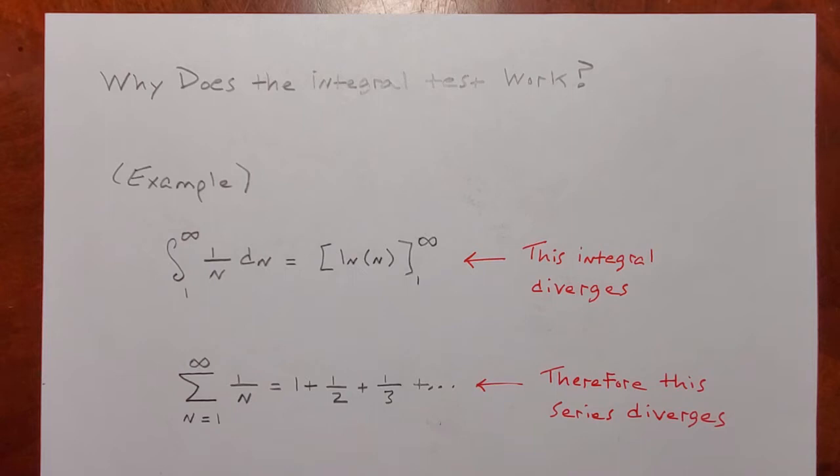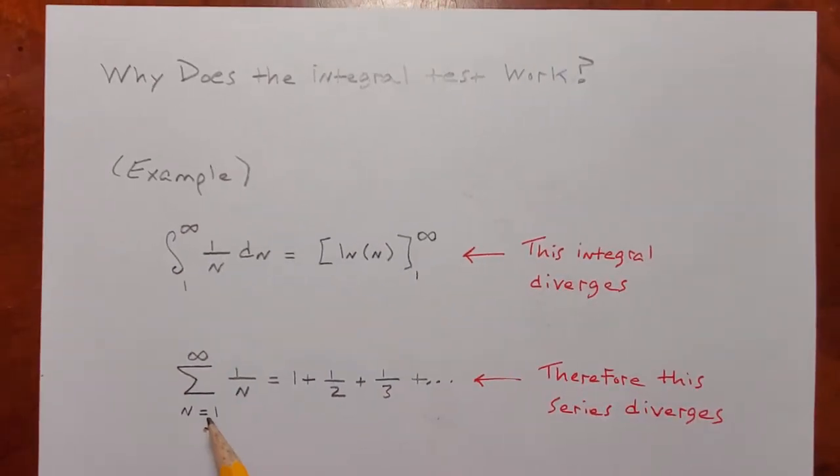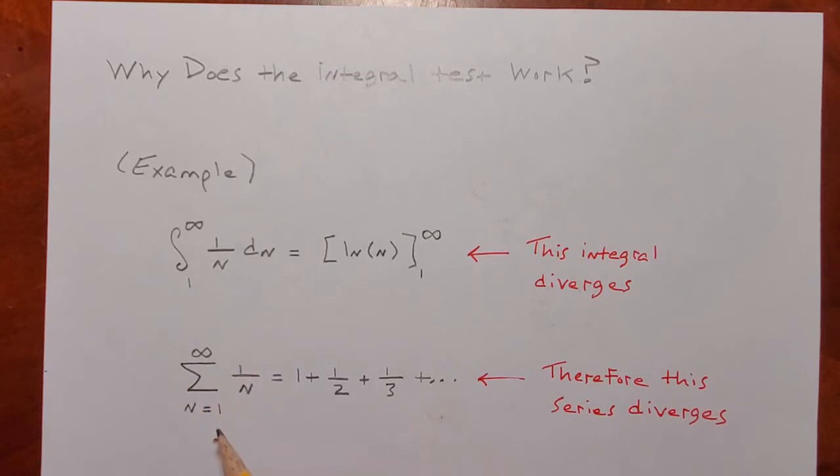Okay, so quick example. Say we wanted to know if this series right here, a series from 1 to infinity, 1 over n, which is 1 plus a half plus a third plus a fourth, keeps going, converges or diverges.